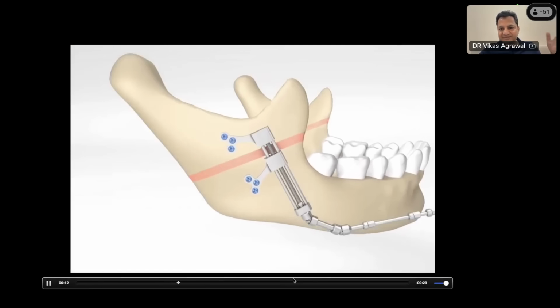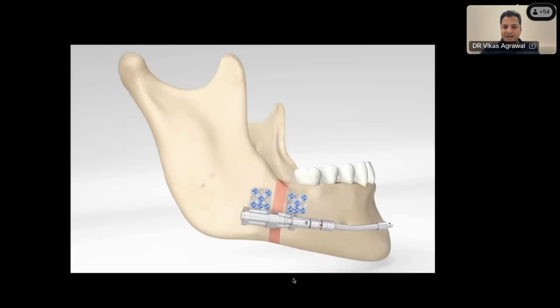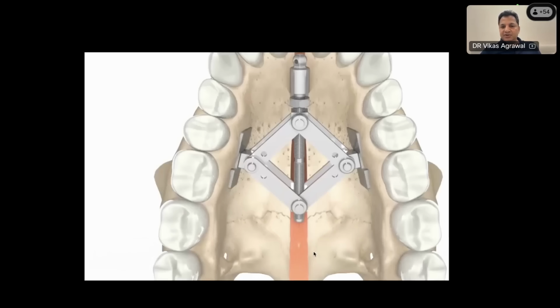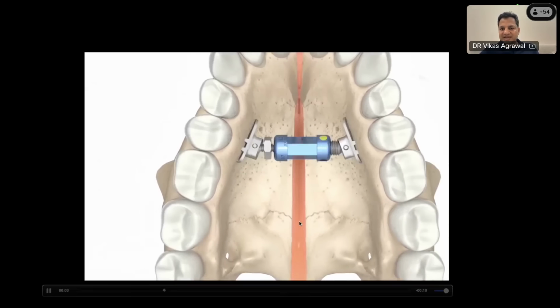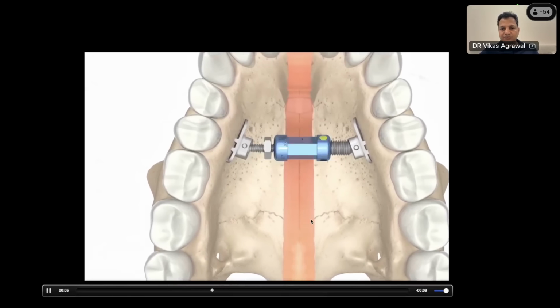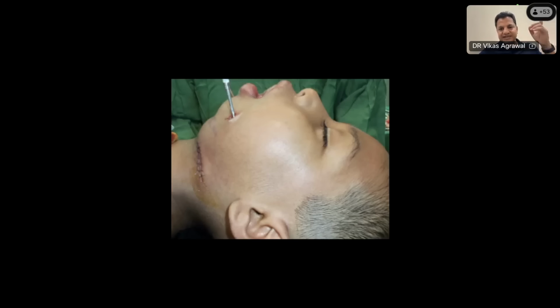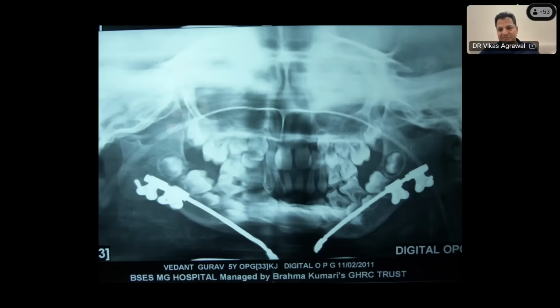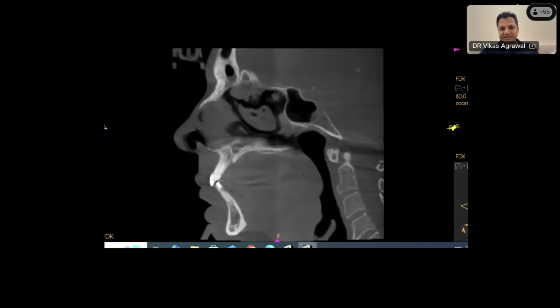From the time we used to do it around 20 years back, a lot of advancements have happened, and you can increase it in all the dimensions. Distraction osteogenesis is a very good tool for kids, and this is the kind of thing we used to do 20 years back, but obviously this is quite old now. There are a lot of improvements in the subject, and you do not need these kinds of things anymore.